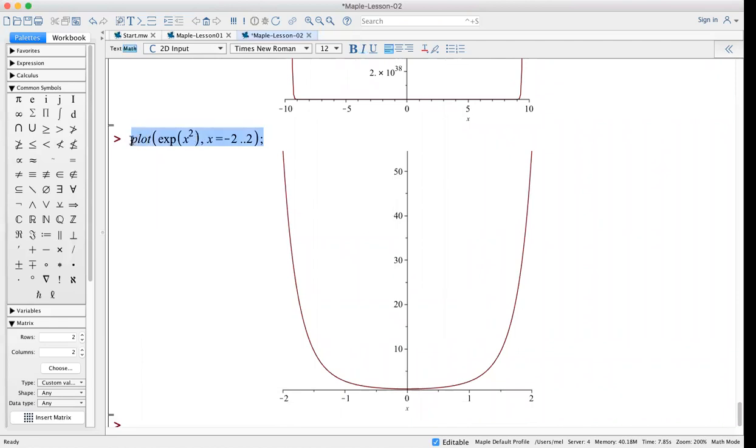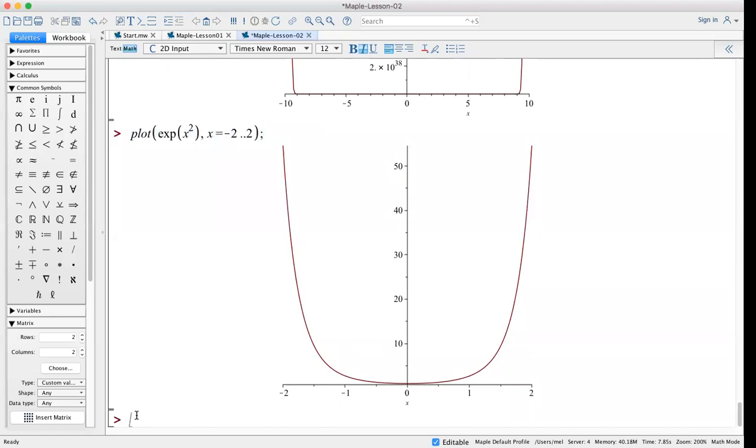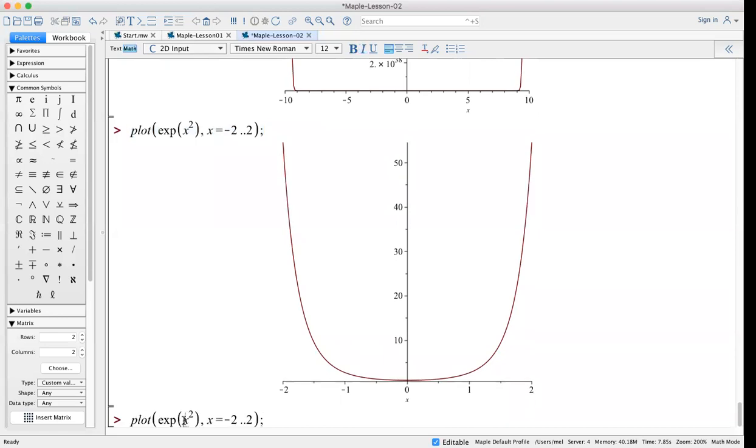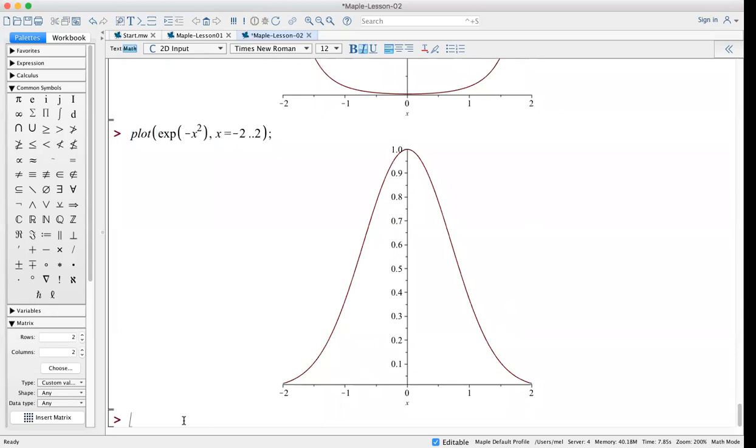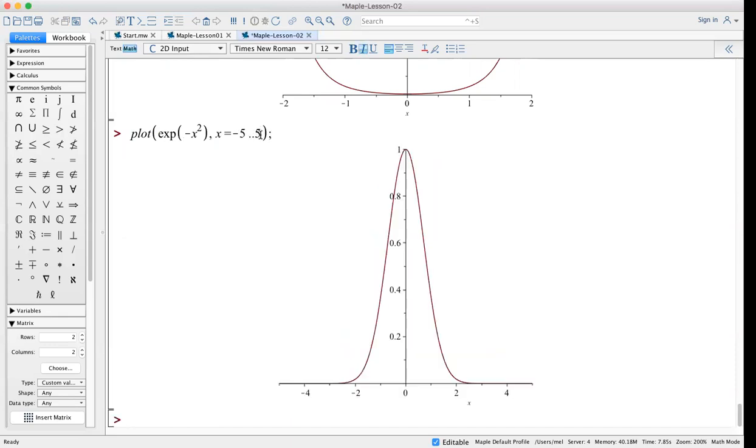It's actually more interesting, perhaps, if you study statistics, to plot the function e to the minus x squared. This gives you the famous bell-shaped curve. That's e to the minus x squared.